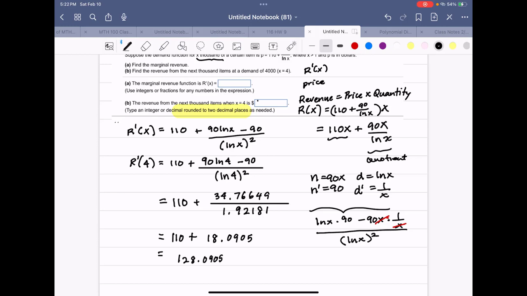So that's going to be $128.09 when rounded to 2 places. So the revenue from the next 1,000 items when x is 4 is 128.09, because that's how the revenue is changing for the first 4,000 items.